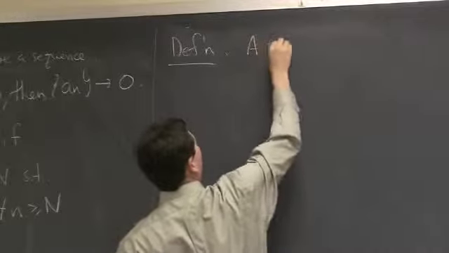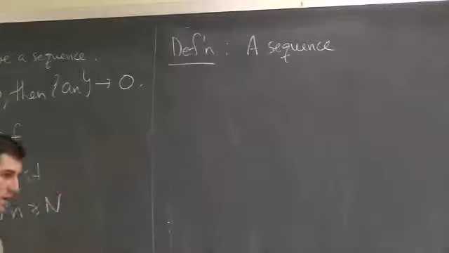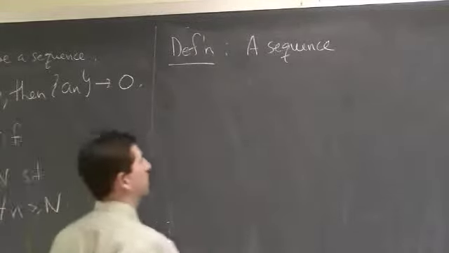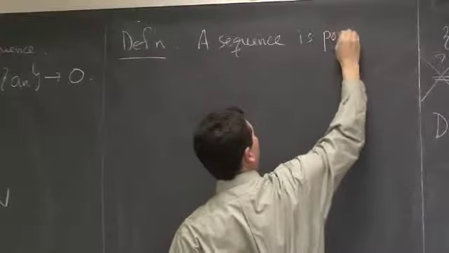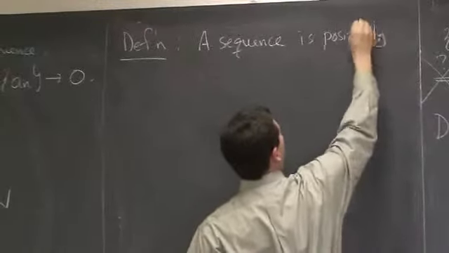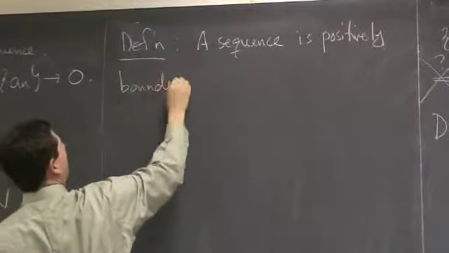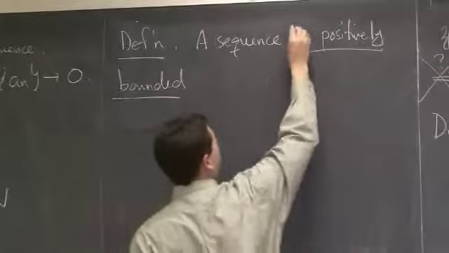And I want to do this, well, maybe a little more pedantically than I should. But let's say this. A sequence is positively bounded. Actually, let me give a name to the sequence.